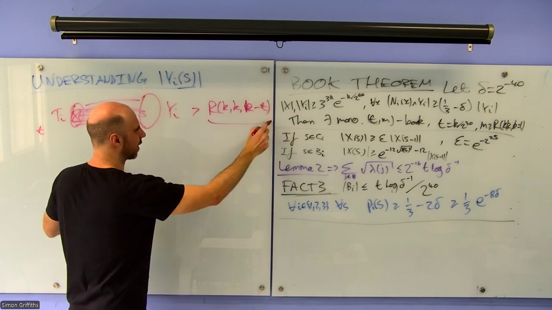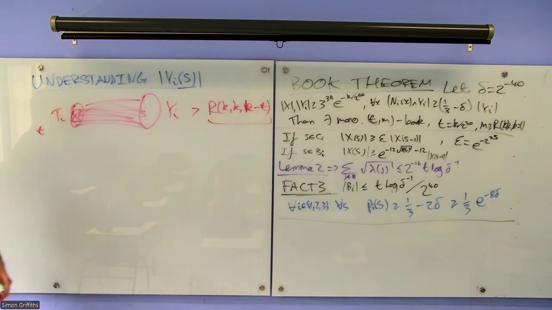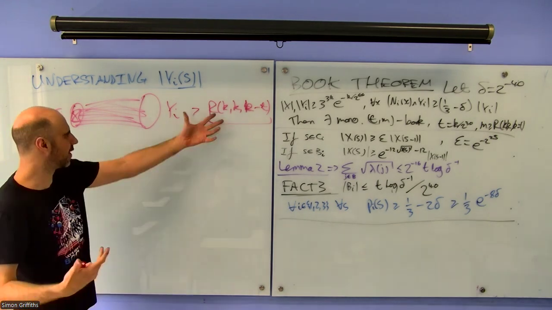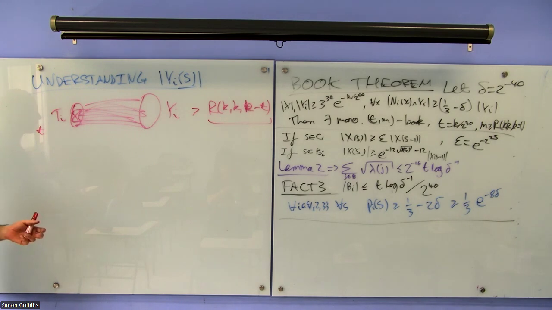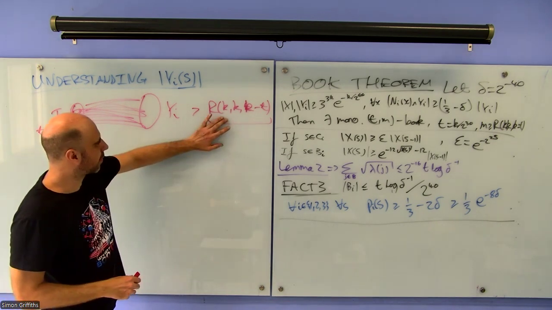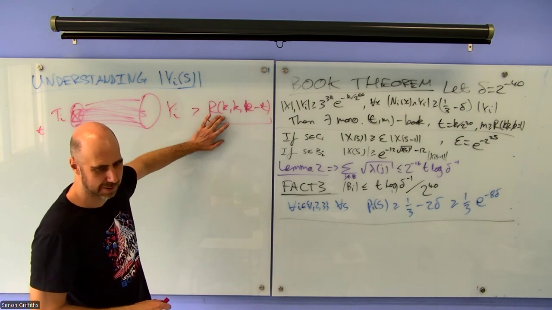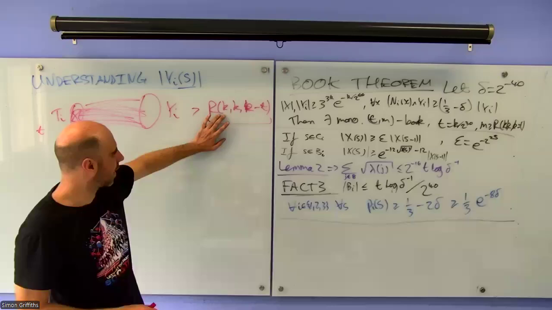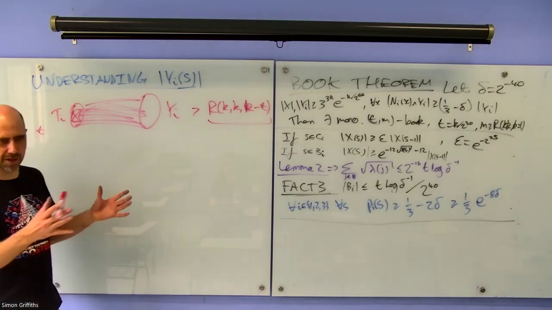So we should say something about how big this Ramsey number is. If this is our objective, the thing we need to beat, we need to have an idea of how this compares to all the other numbers around. So what's a good way to bound this? Well, the Erdős–Szekeres bound gives this kind of multinomial thing.